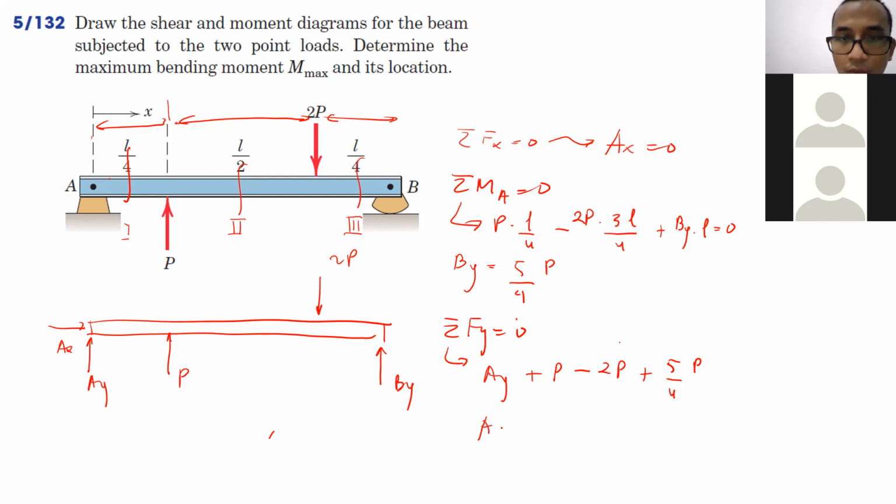So in this case, what is the value of AY there?